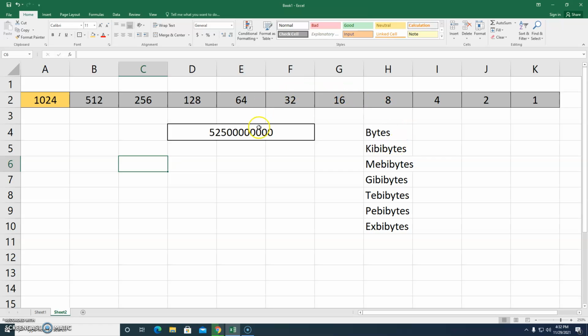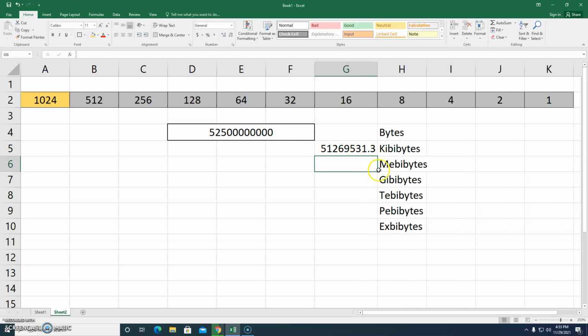So when we're using the binary number system, if we want to calculate the number of kibibytes of a file size or a storage value, we simply take the number of bytes and divide it by 1,024.